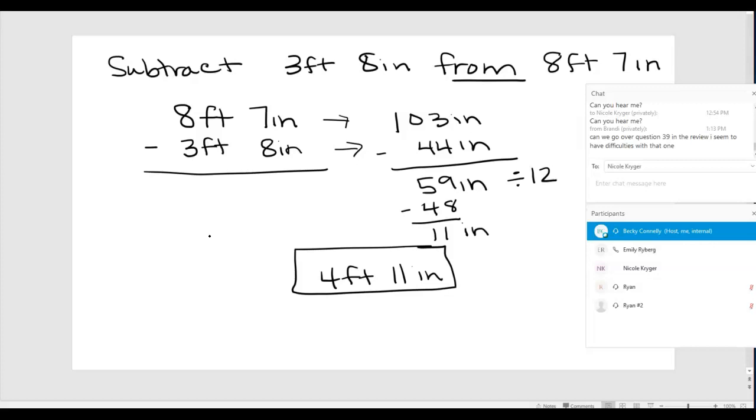Trying to think. So I've gotten mostly to the last chapter there, unless there's other things that you guys want to look over.